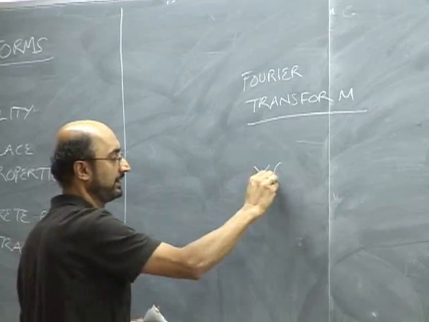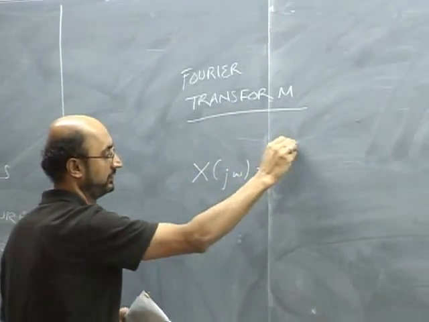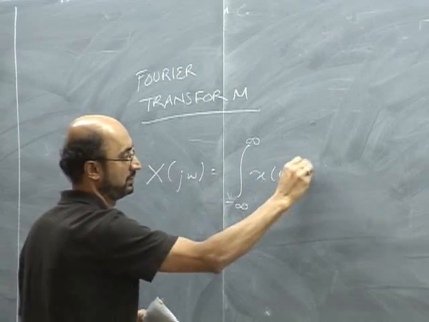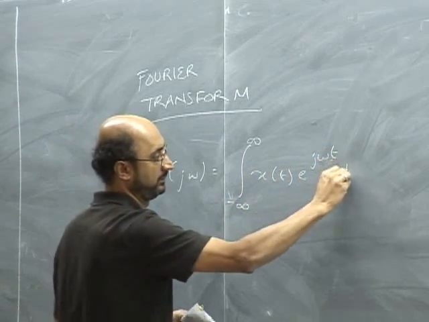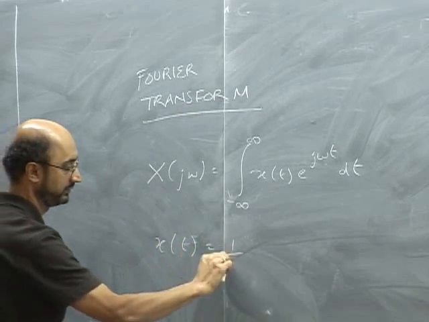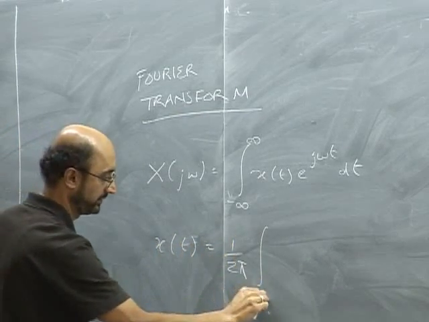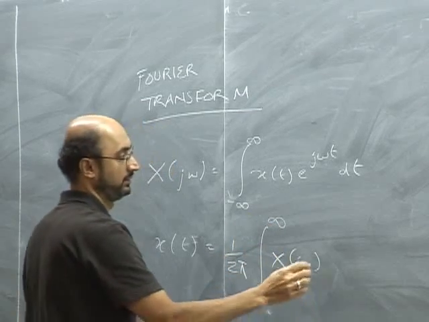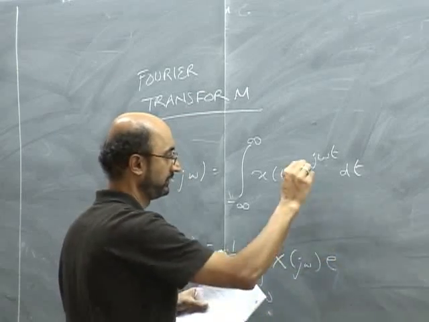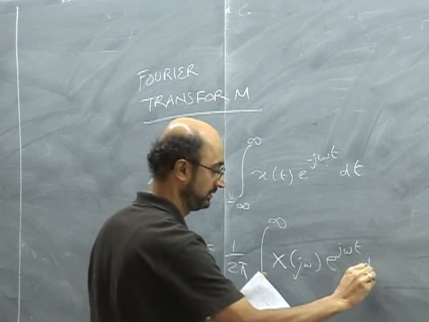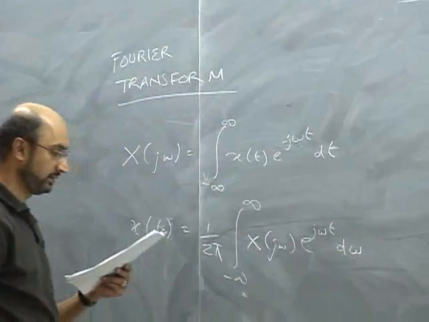Where we define X(j omega) equals the integral, and then the inverse transform is x(t) equals 1 over 2 pi, integral from minus infinity to infinity of X(j omega) e to the j omega t d omega.